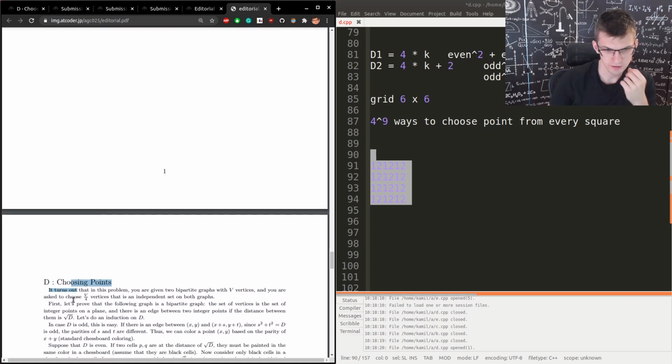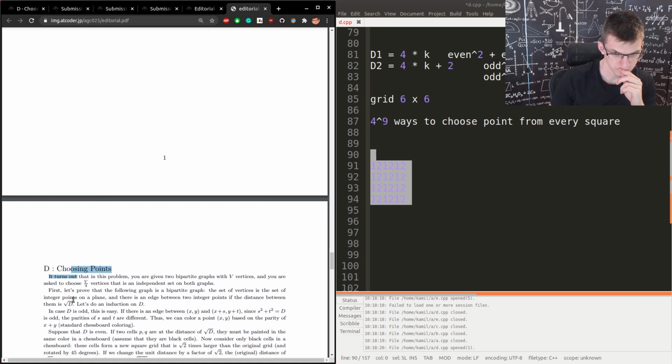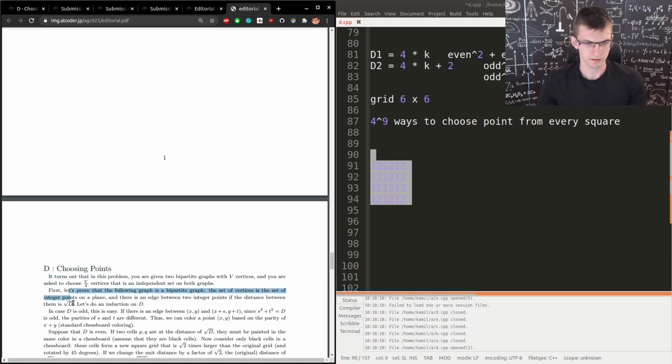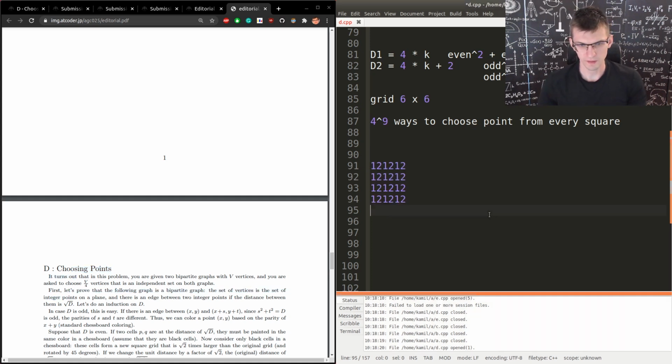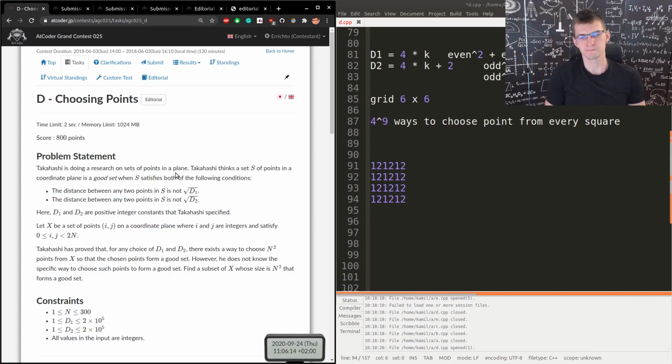If D is even, I have a completely different solution, but I think my proof was similar. And now we have this interpretation. What do I do with that? I need a drawing.